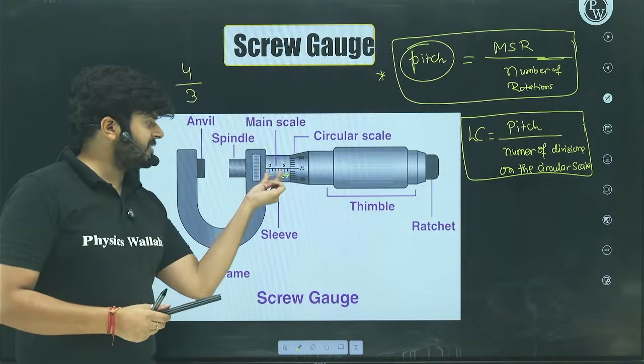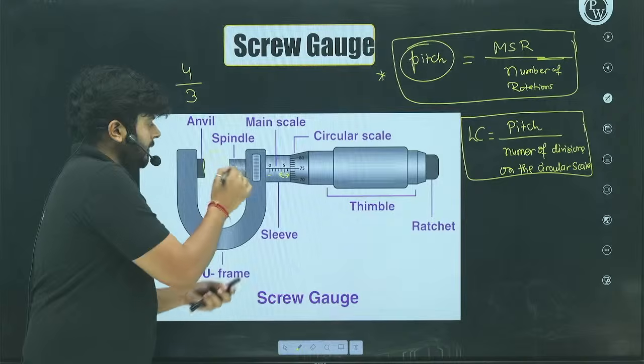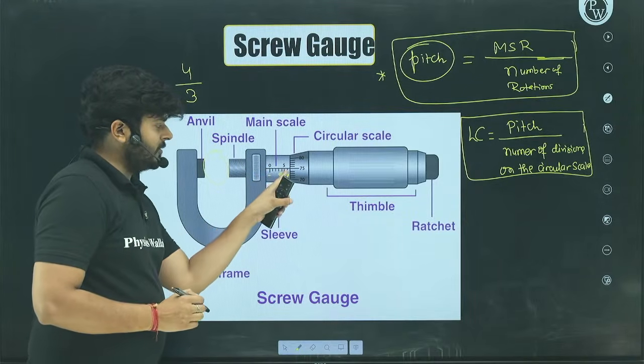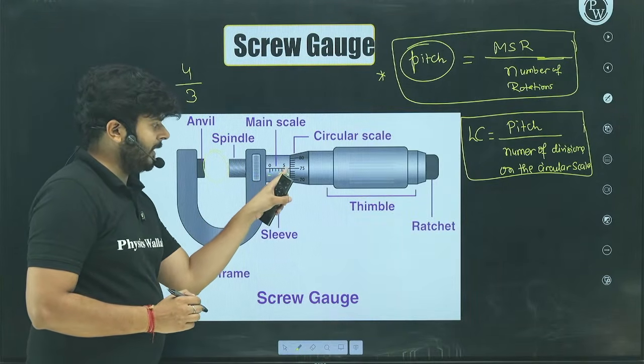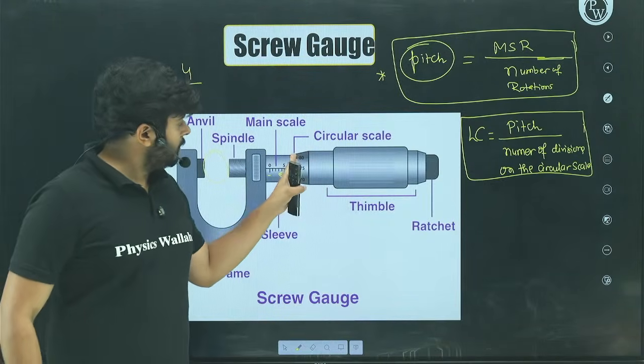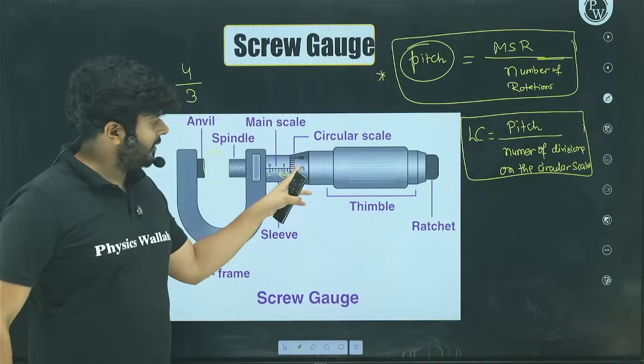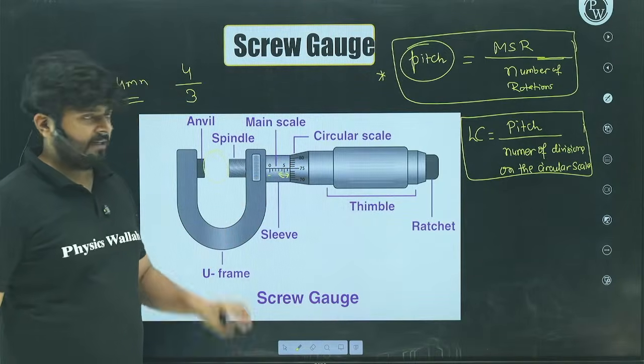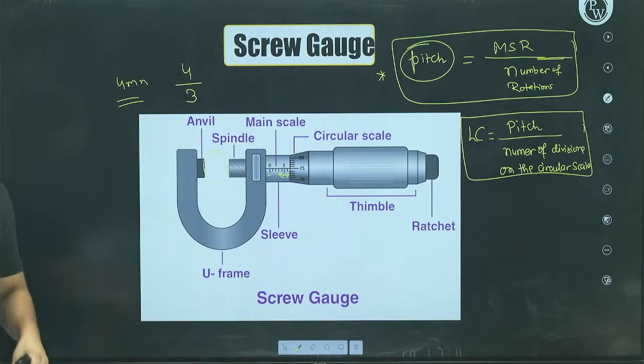You see that the main scale, let's say you have a ball over here, is open for a certain while, so it is 5 and 1 and 2, 5.2 you are getting from the main scale, and then you get a certain reading from the screw gauge circular scale.